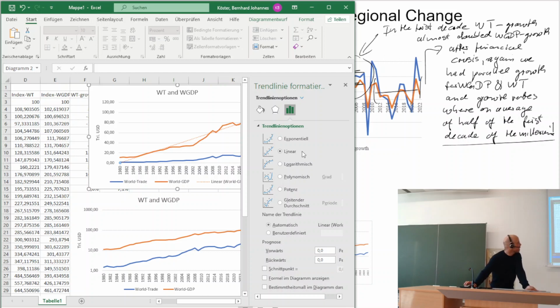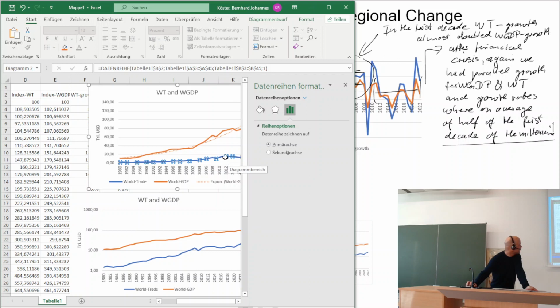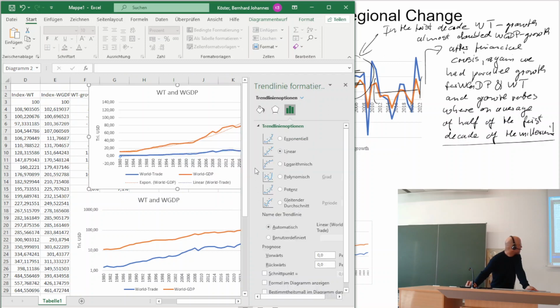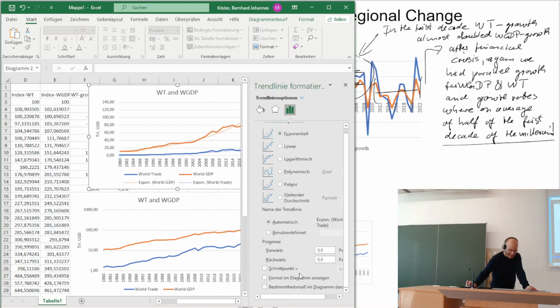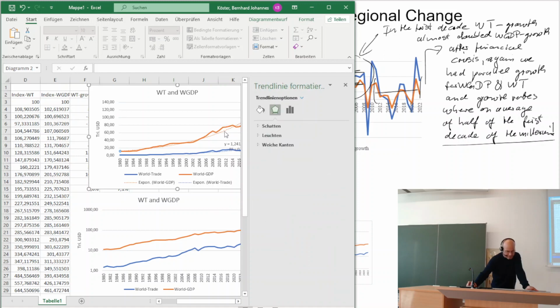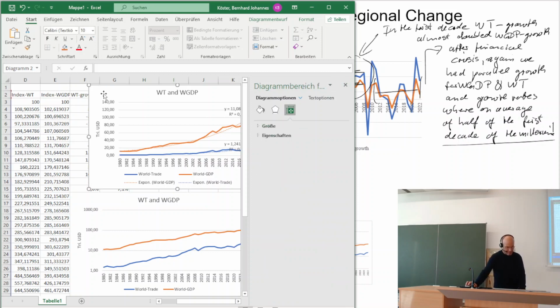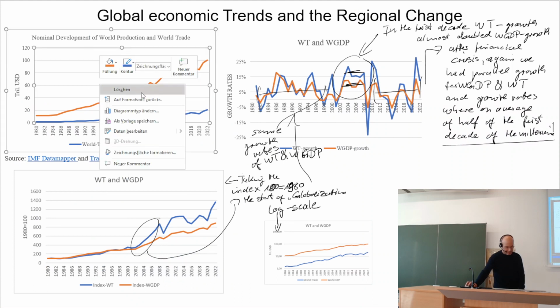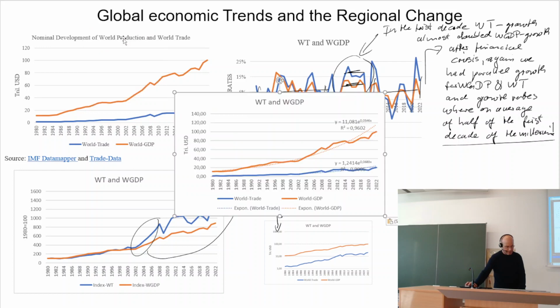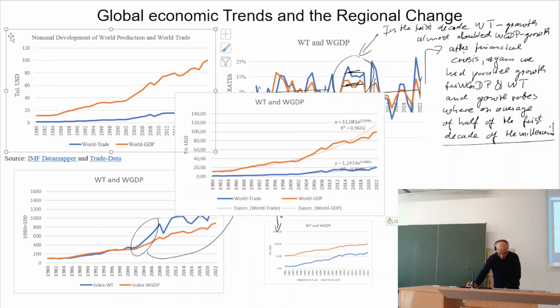Now, we do not want to fit here a linear line because this is a growth process, and therefore we would choose exponential, and for the blue line too, and also the numbers. And let's put this also in here.